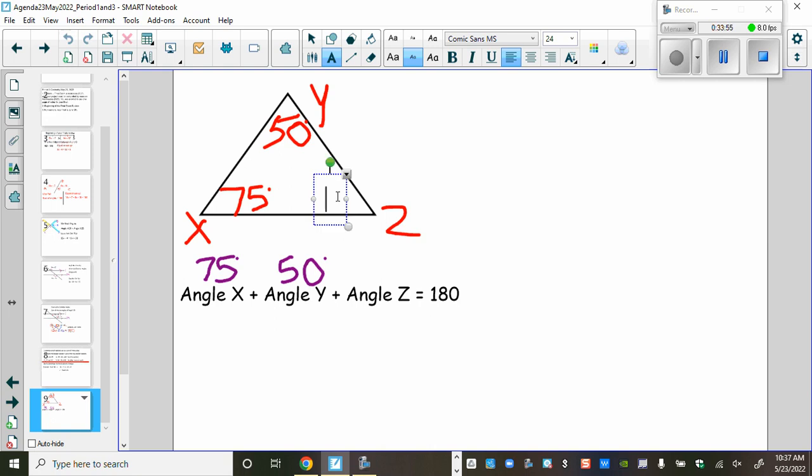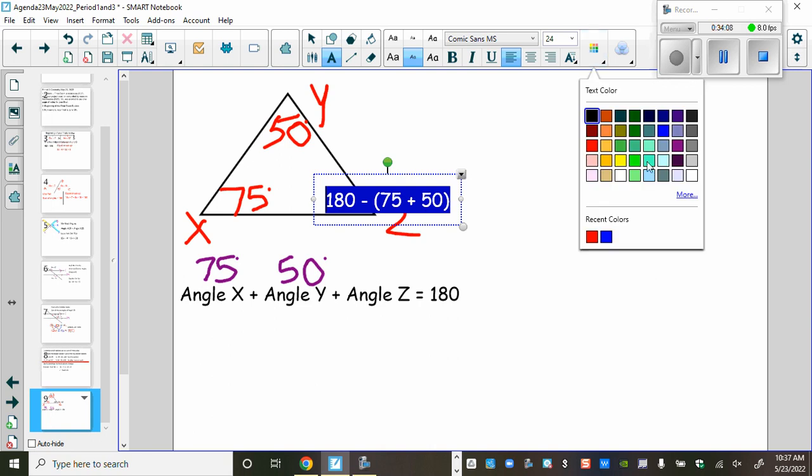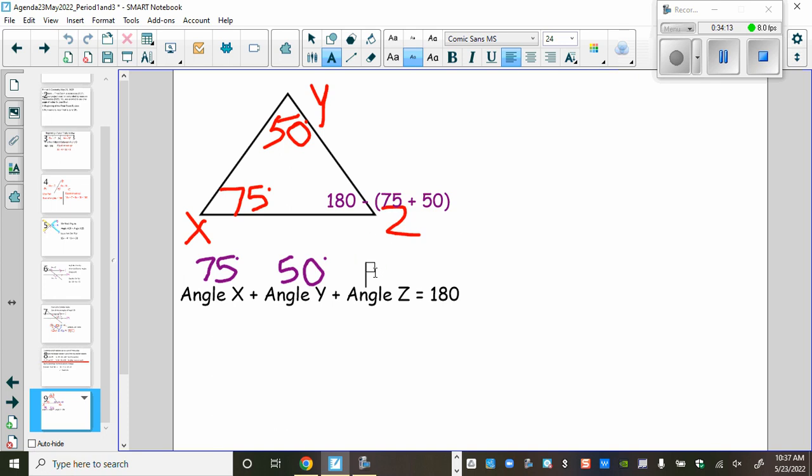So to get angle Z, it's 180 minus 125, and that gets you 55. You add them and then take it away from 180.